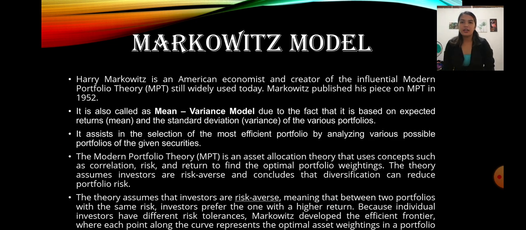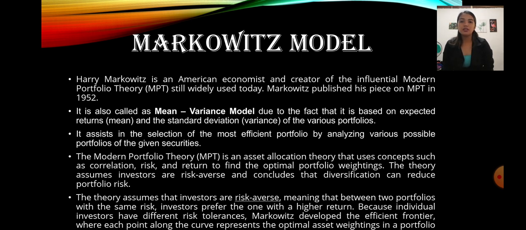We have two theories. The first one is the Markowitz model. Harry Markowitz is an American economist and creator of the influential modern portfolio theory, MPT, which is still widely used today. Markowitz published his piece on MPT in 1952.